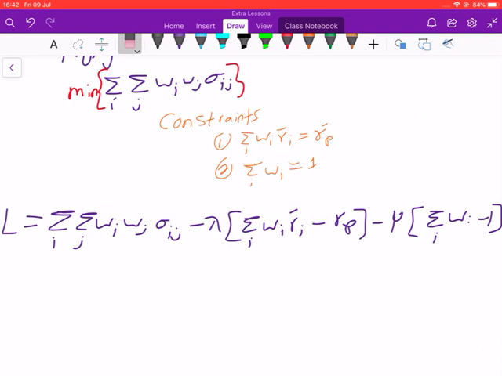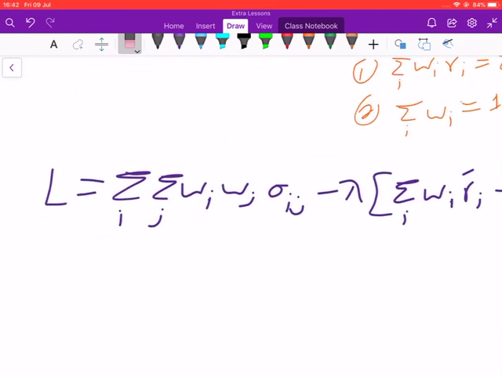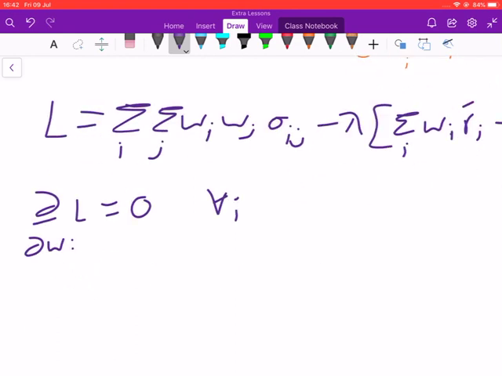So you are going to optimize this, right? How will you optimize this? You find the first derivative, or the partial derivative, with respect to w i, and you equate it to 0. This happens for all the i's: weight i equals 1, i equals 2, i equals 3, up to i equals n.